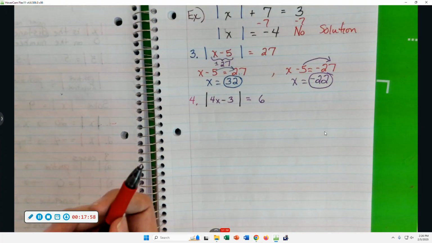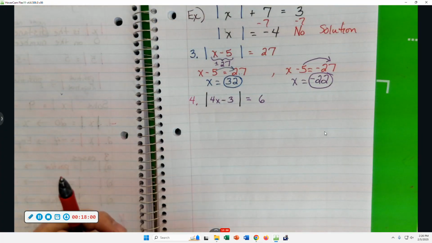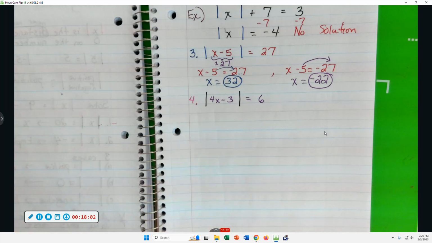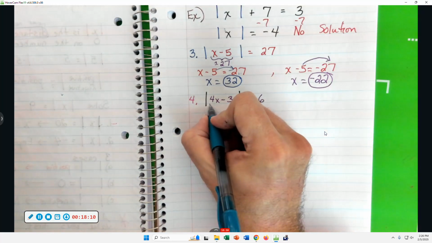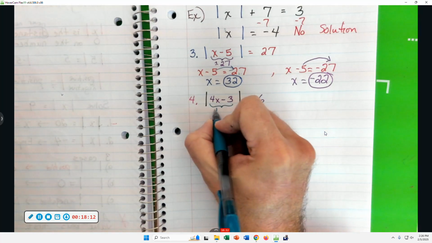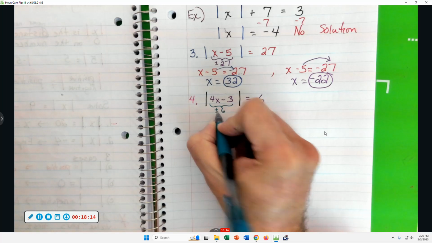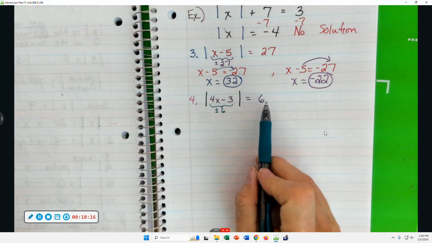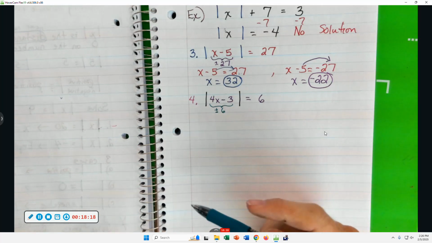We expect to have 2. That stuff inside those absolute value bars, in order to equal 6, the stuff inside there has to be positive or negative 6. Y'all hear that? The only two numbers that have absolute value equal to 6 are positive 6 or negative 6.